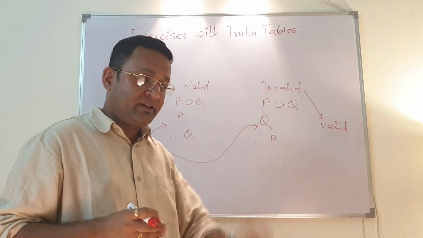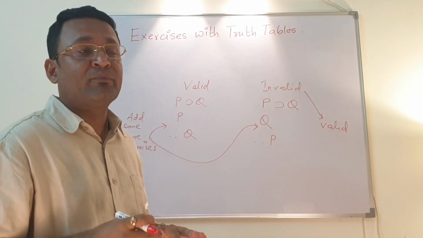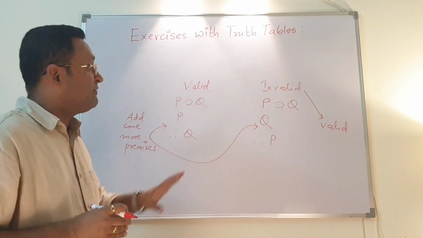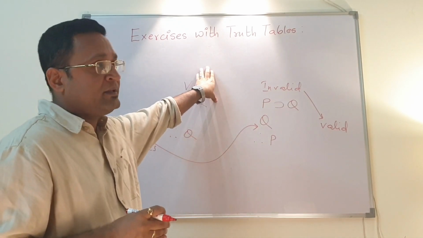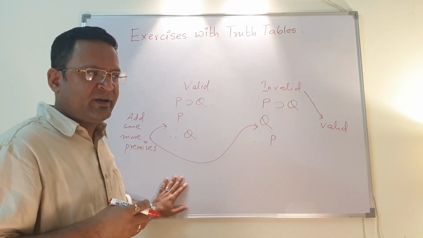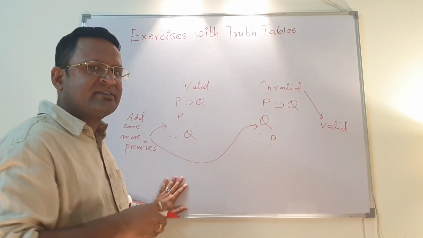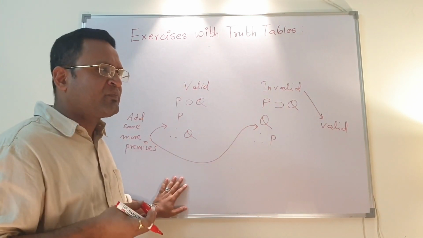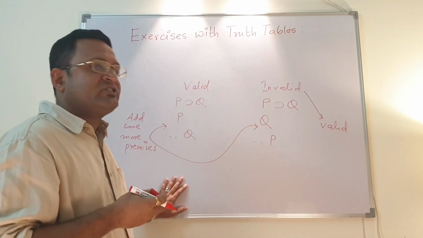But it should remain in the back of your mind: what is validity? Validity is such a strong concept that even if you add any kind of premise, false premise, true premise, related premise, unrelated premise, whatever, you can never change its nature.